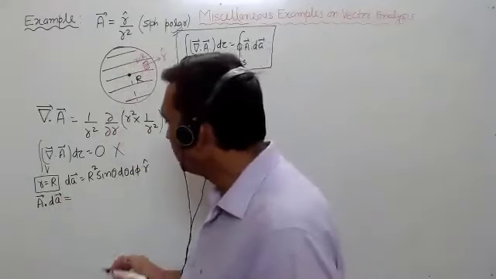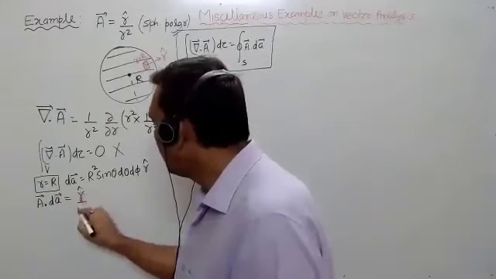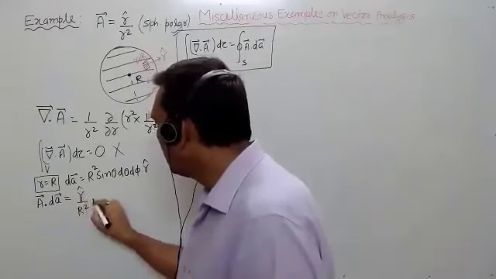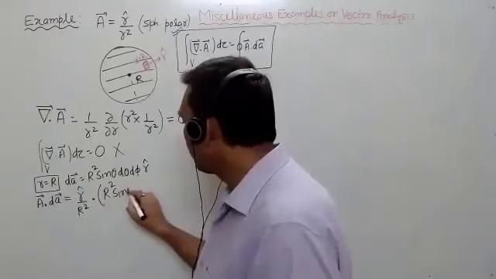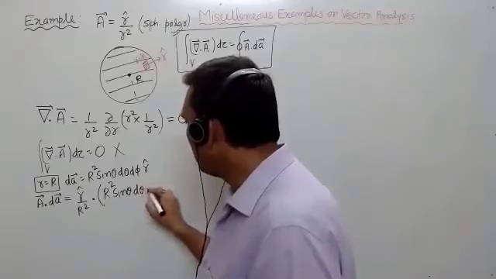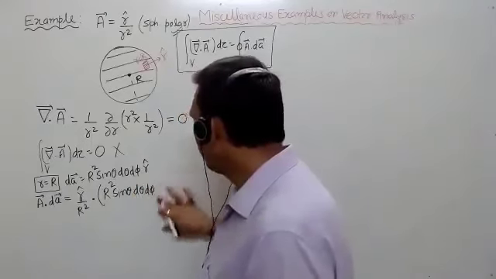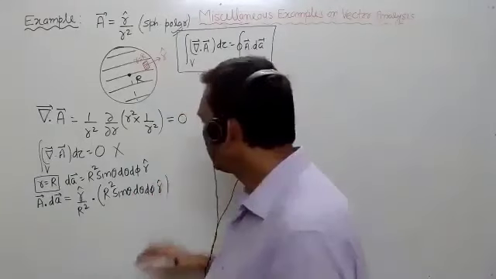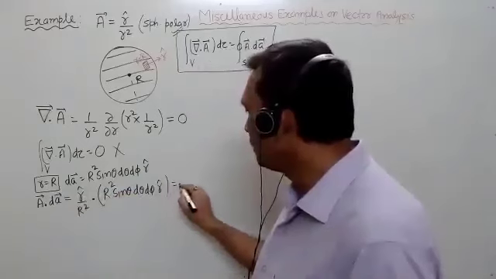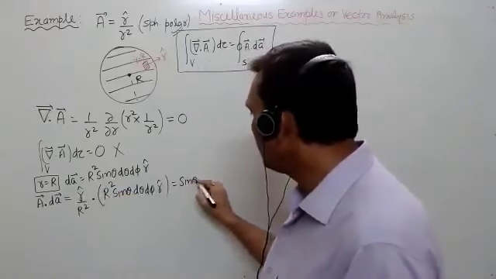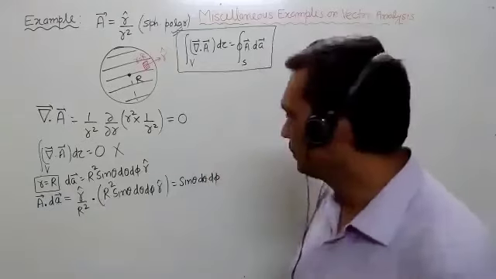So this will be r cap by capital R square dot capital R square sin theta d theta d phi r cap. So r cap dot r cap is 1, r square will cancel out. So this will be sin theta d theta d phi.